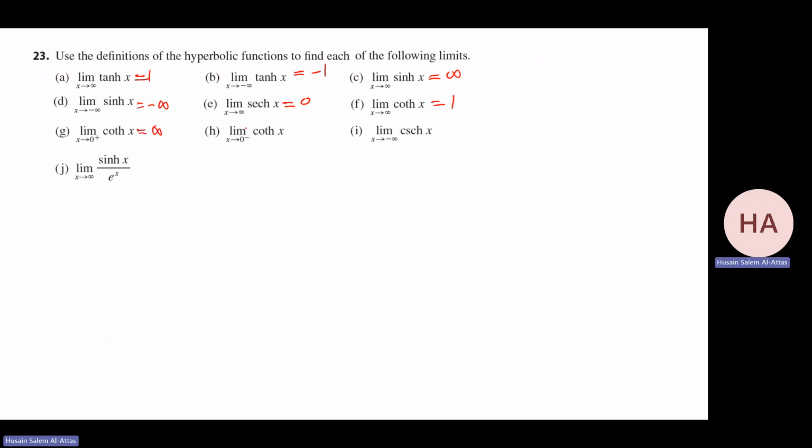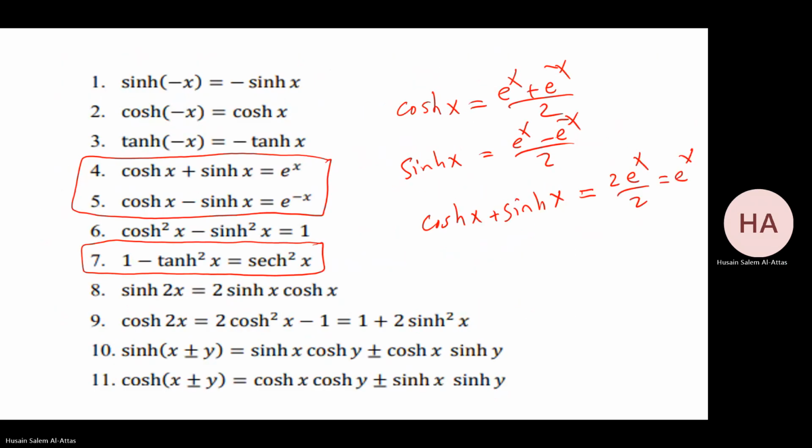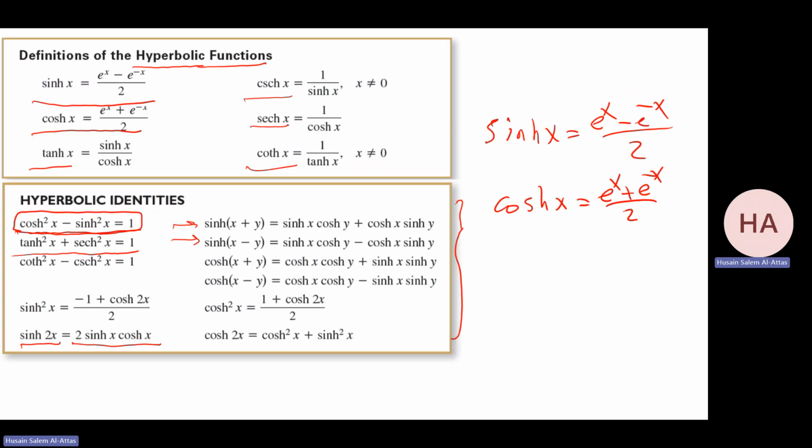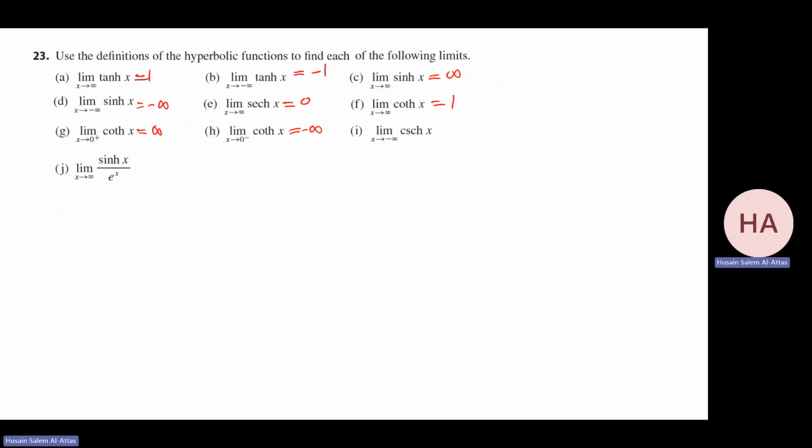Cosecant hyperbolic, as x goes to minus infinity, it's going to 0. Very clear, it's going to 0. Yeah, from the graph. You can do it by calculation, but this is from the graph.